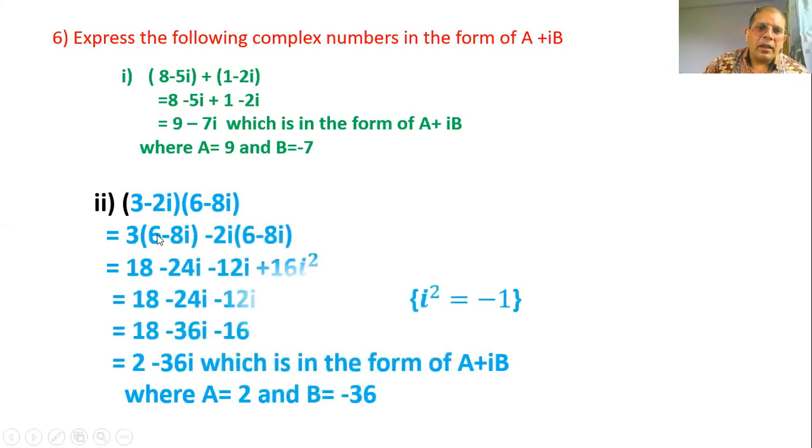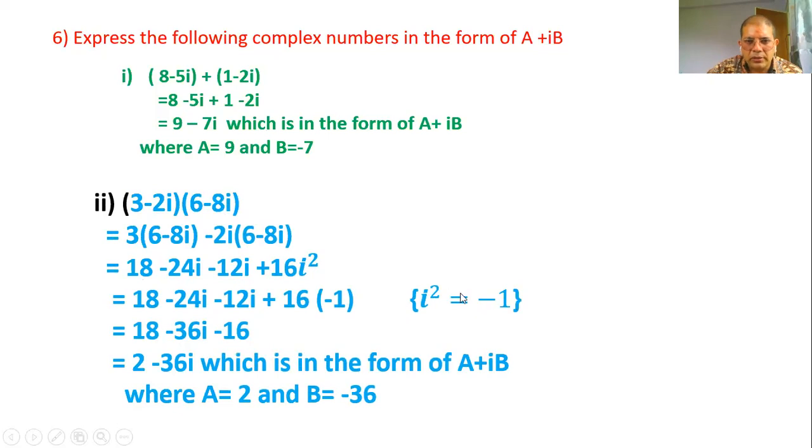Similarly, it is your product, and now multiply 3 by both terms: 3 times (6 minus 8i), minus 2i times (6 minus 8i). Then you should multiply: 3 times 6 is 18, 3 times 8 is 24i, 2i times 6 is 12i, minus times minus is plus, 2 times 8 is 16, and i square. Then it is 18, 24i, and minus 16 i square, where i square is minus 1.